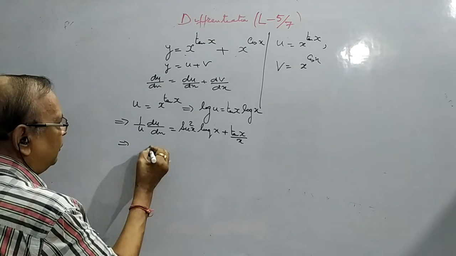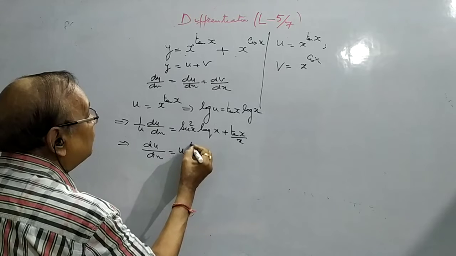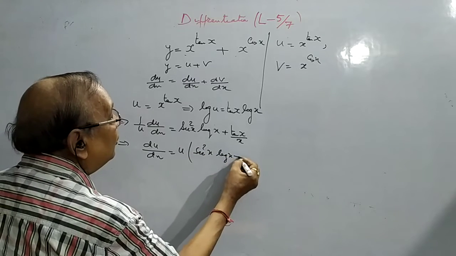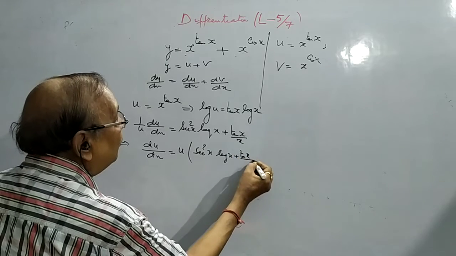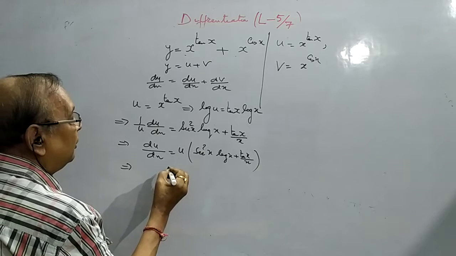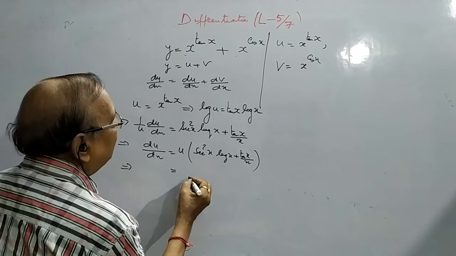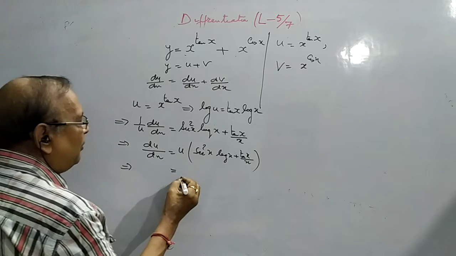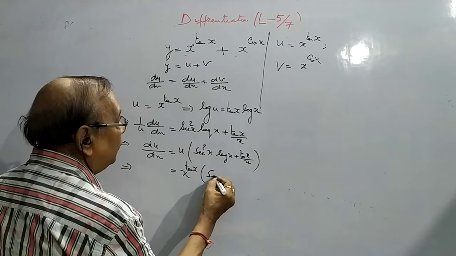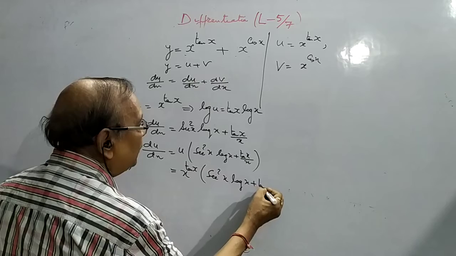Then du by dx is equal to u times 10 sec square x log x plus 10x upon x, and putting the value of u, that is x to the power 10x times the bracket. That is the result of the first part.